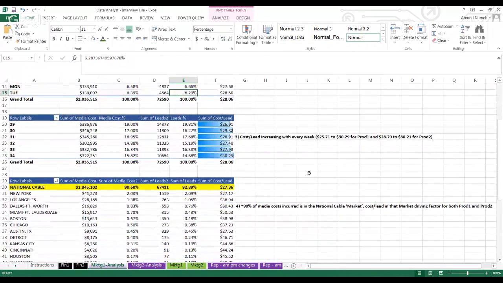Another trend that I noticed, and this will require additional information, but it's the sort of thing that's worth mentioning. I noticed that the cost per lead has increased between week 29 and week 34. There's a bit of bouncing around, but if you look at week 29, for both products, the average is $26.91 per lead, whereas in week 34, that number has jumped above 30.